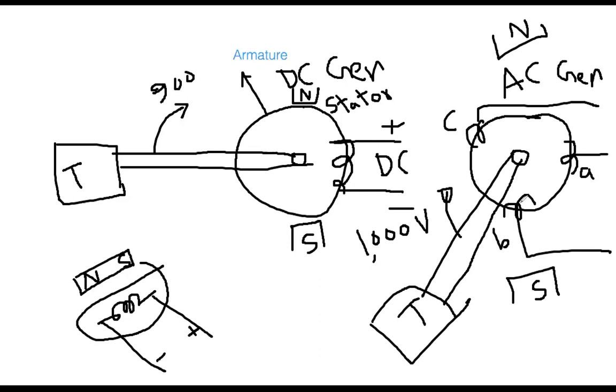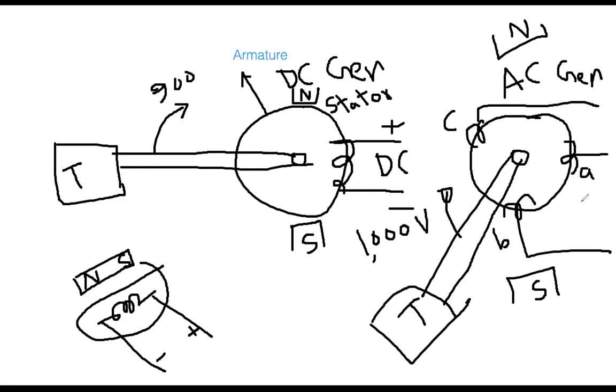Now, I made the similar arrangement. Instead of just one coil, I put three coils here. And I have the magnet because I need it. So now everybody look, I am rotating this one, which means all three phases are rotating. A phase, B phase, C phase.